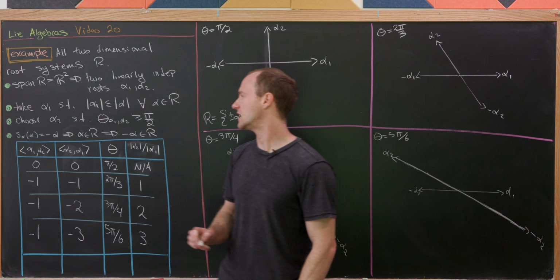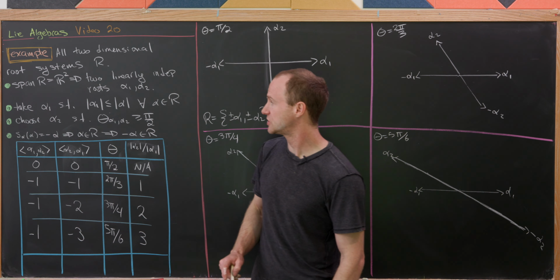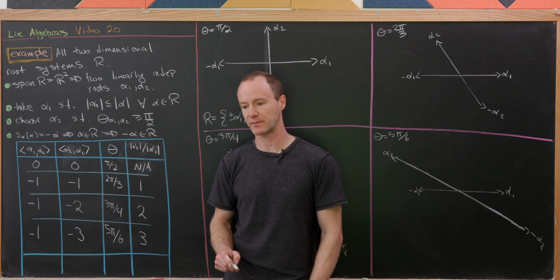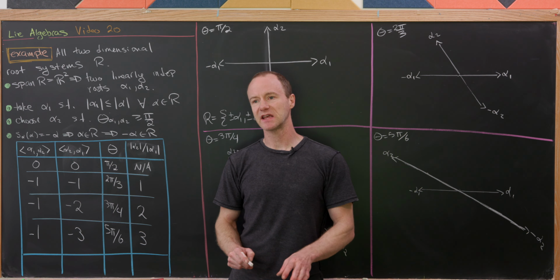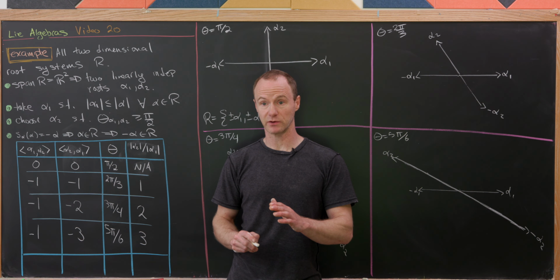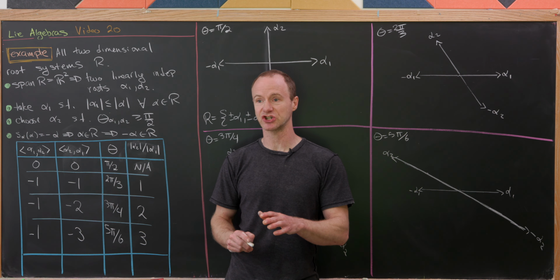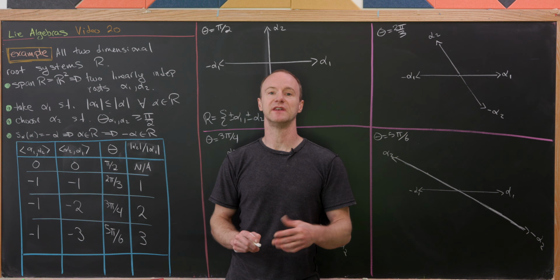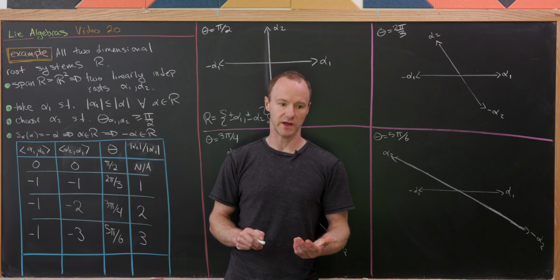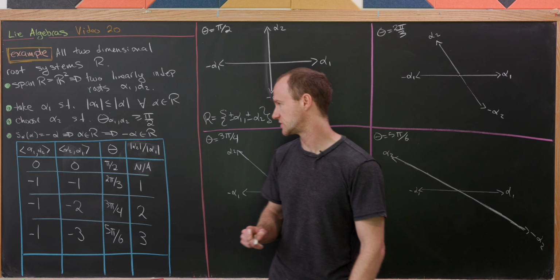Okay, then next up, we're going to choose alpha 2 so that the angle between alpha 1 and alpha 2 is bigger than or equal to pi over 2. And you might say, well, how can we do that? Well, if the angle is less than or equal to pi over 2, we can simply exchange alpha 2 with negative alpha 2, and then we'll end up with an angle that's bigger than pi over 2.